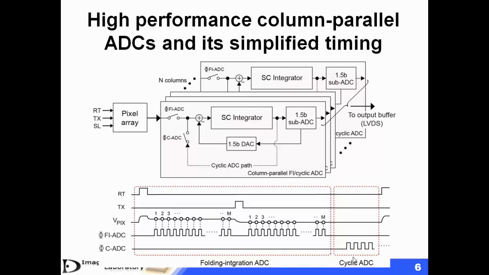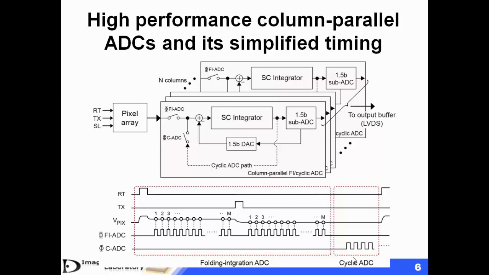This slide shows the high performance column parallel ADC, the so-called folding integration cyclic ADC. This is a very important technique for our developed sensor, so I will briefly explain. Simply, we can divide the operation into two modes.